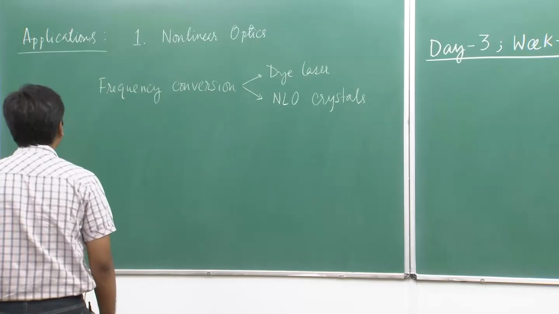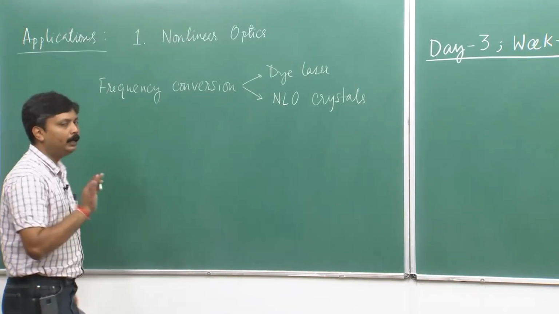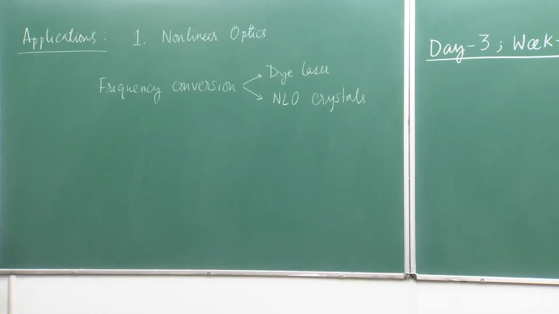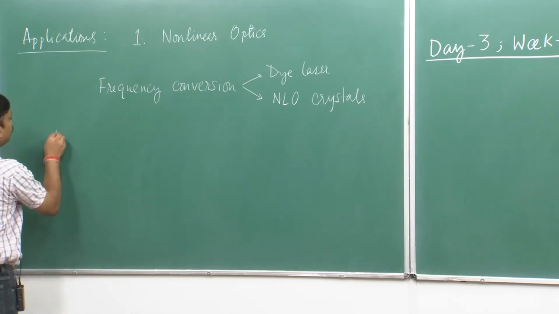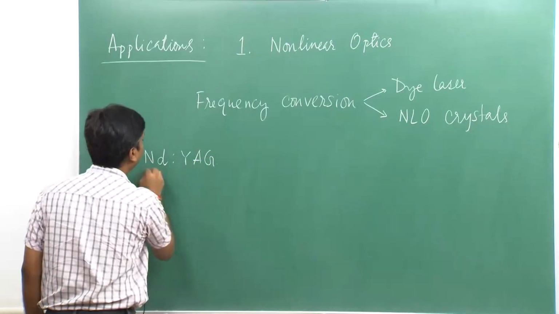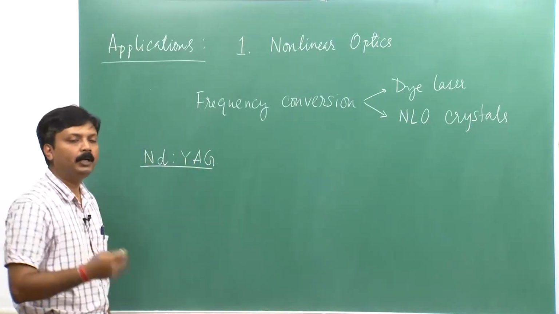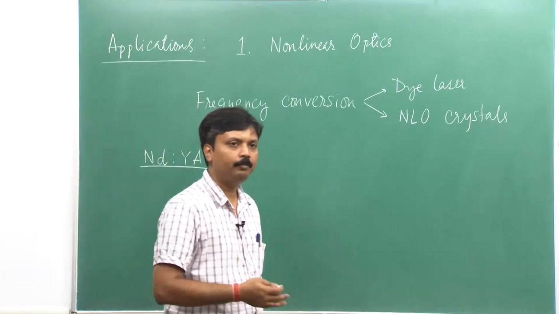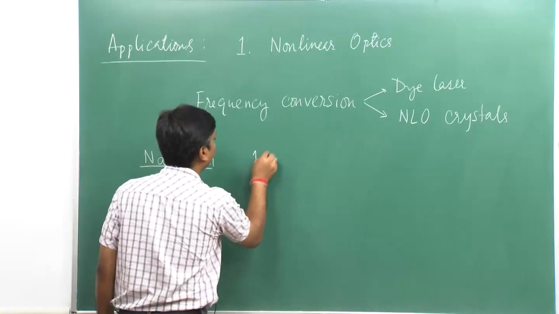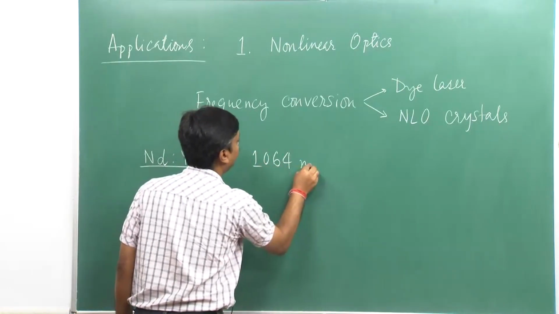I will give you one particular example to make it a little clearer. Suppose we have one Nd:YAG laser. The most common fundamental wavelength of the Nd:YAG laser, as we know, is 1064 nanometer.